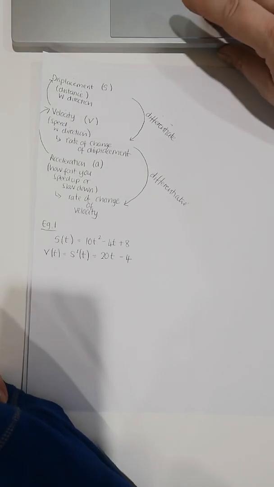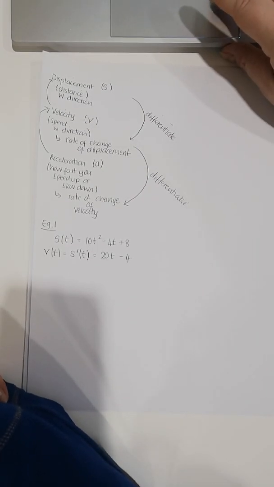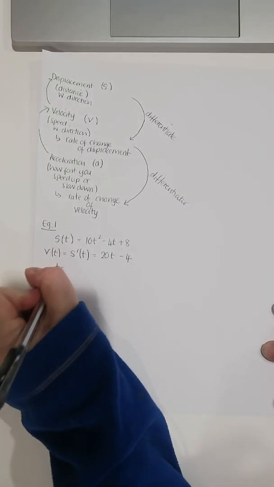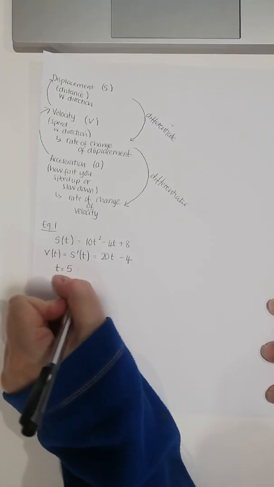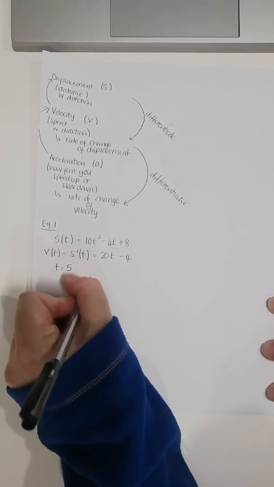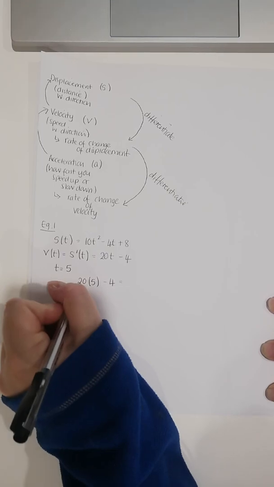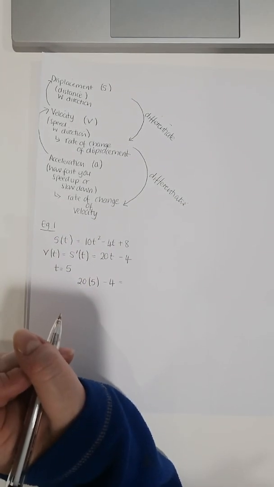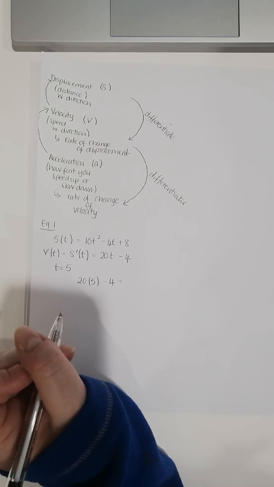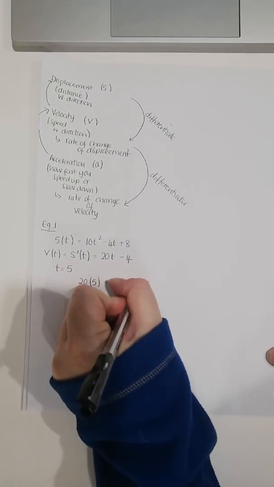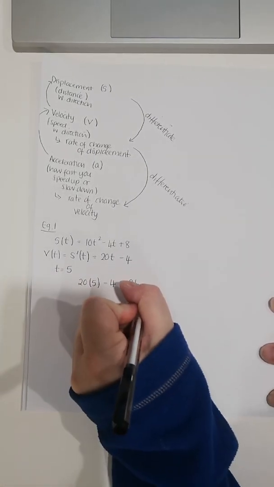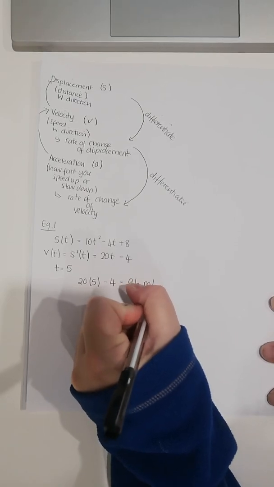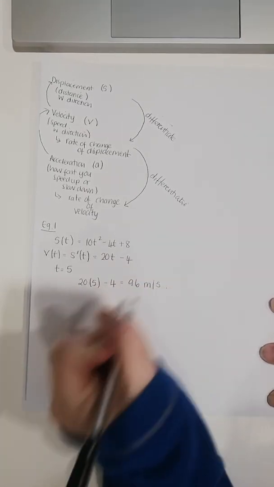And we want to know the velocity at the end of 5 seconds, so when t is 5. And 20 times 5 minus 4, that's going to be, let's be super sure, there we go, 96. And velocity is going to be in meters per second.